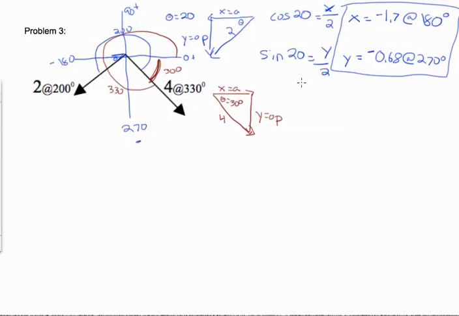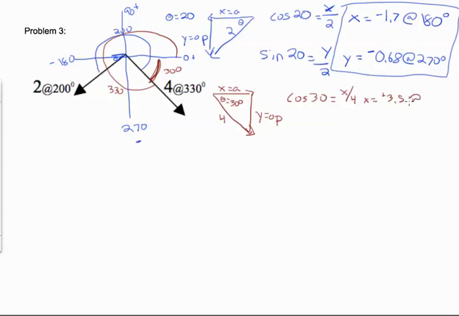So to find our x, we're going to do cosine again. Cosine 30 equals adjacent over hypotenuse. So our x equals 3.5. And because it's pointing at 0, it's positive. So positive 3.5 at 0 degrees.